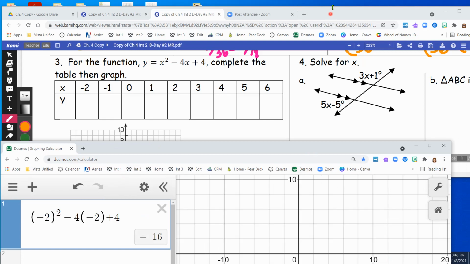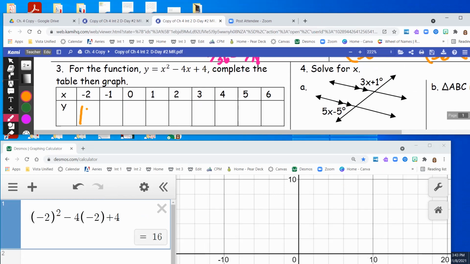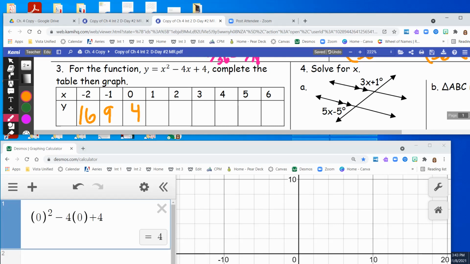And I end up with a 16. Okay, so that'll be a 16. I'm just going to change this to a -1 and a -1, so that's going to give me a 9. Change this to a 0 and a 0, and that's going to give me 4. 1, 1, that gives me a 1. 2, 2, that gives me a 0. 3 and 3, that gives me a 1.